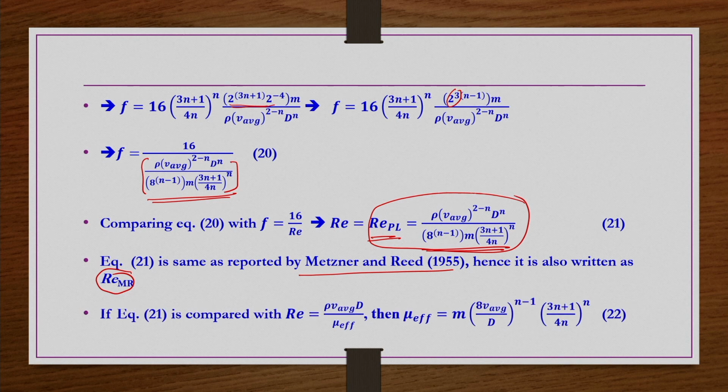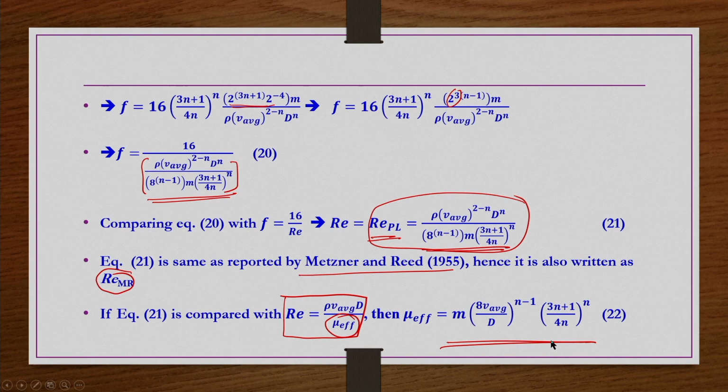Then if you write this Re MR or Re PL in the form rho V average d by mu effective, because we know that for non-Newtonian fluids the viscosity changes, which viscosity should you take? If viscosity is changing, the Reynolds number would also be changing.